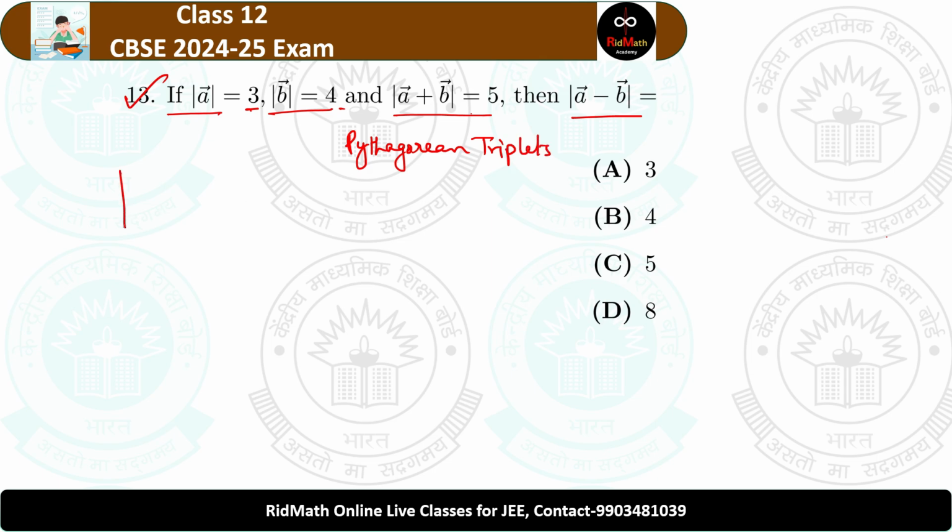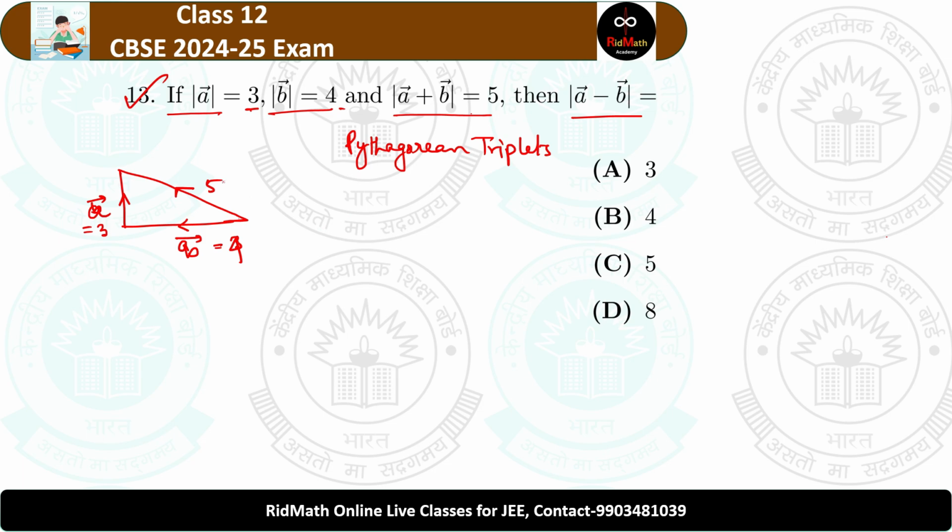So this is vector A, this is vector B, this is 4, this is 3, and this is 5.